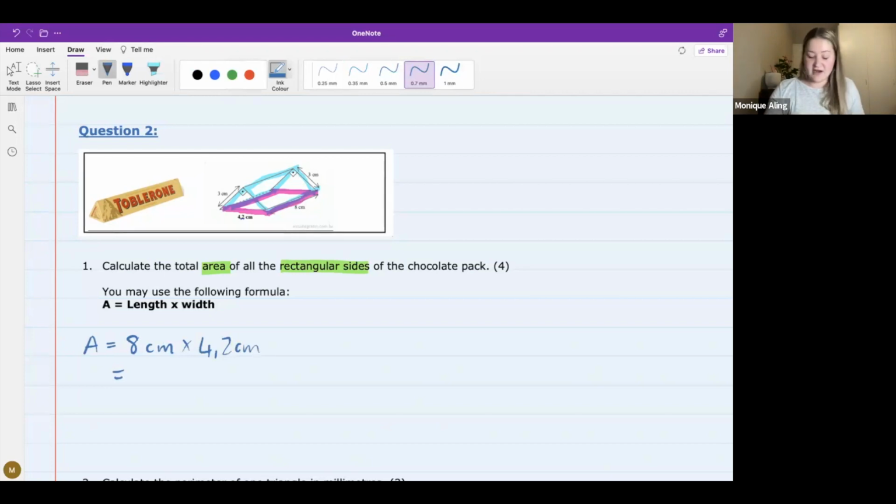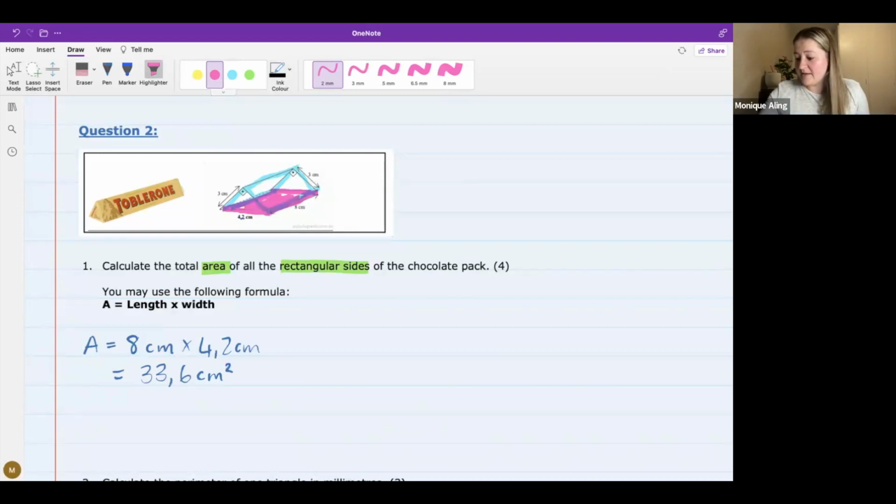That gives you an area of 33.6 centimeters squared. I saw quite a few of you with that answer, which is correct, but we're not finished just yet. That is the area of the bottom rectangle only.